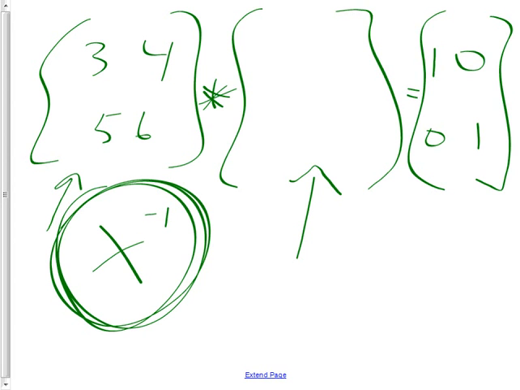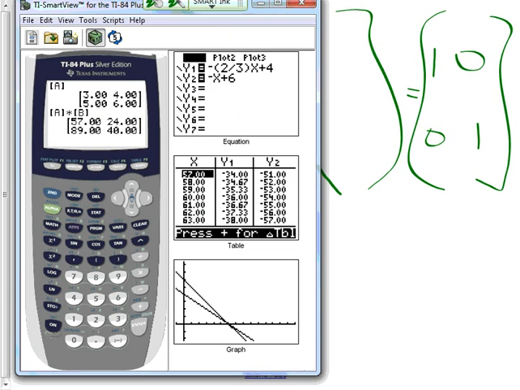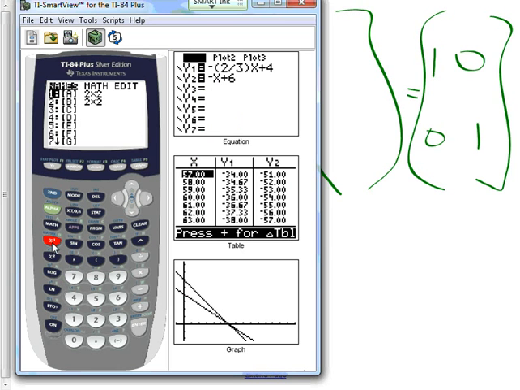So, I'd like you all to put in this matrix, 3, 4, 5, 6. It's a 2 by 2 matrix. Put it in. Maybe you put it under C. That's a new matrix you've never used before. Make it matrix C. Going in here, going in the matrix menu. I'm going to go to edit C. Enter.